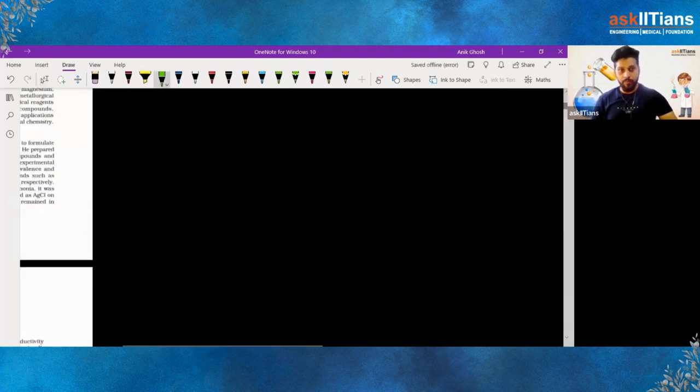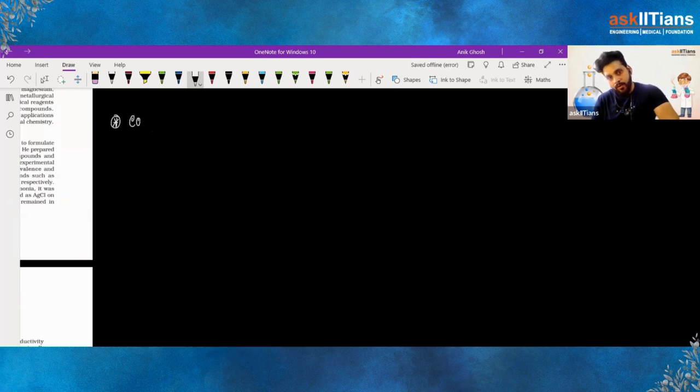Conclusion, what is the take home point here? Guys, the take home point is coordination bonding or coordinate bonding. You write it with me as well, guys.